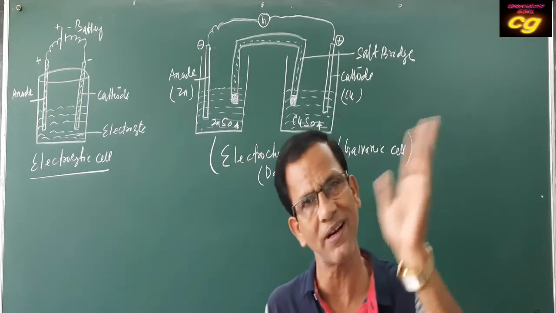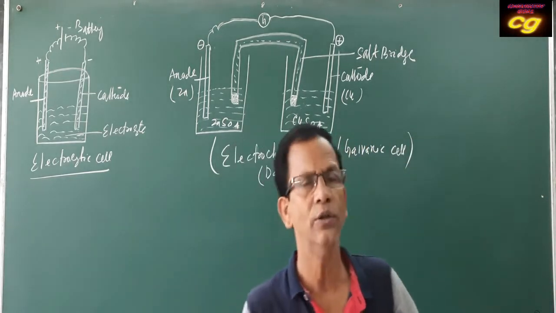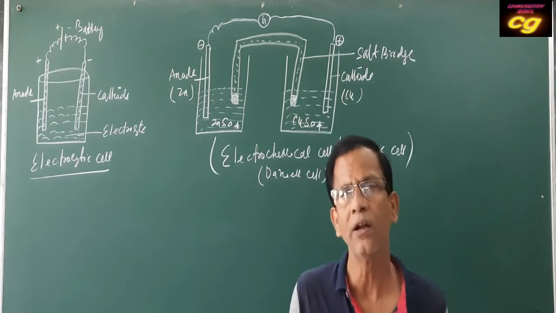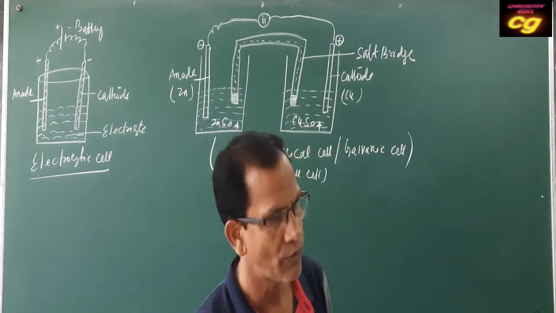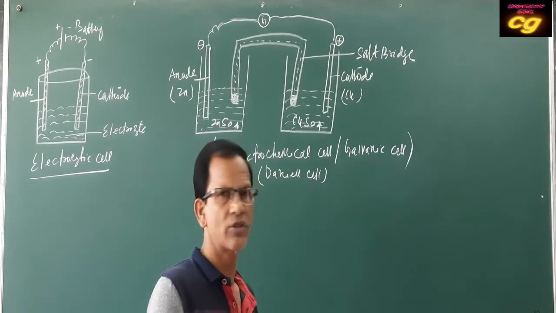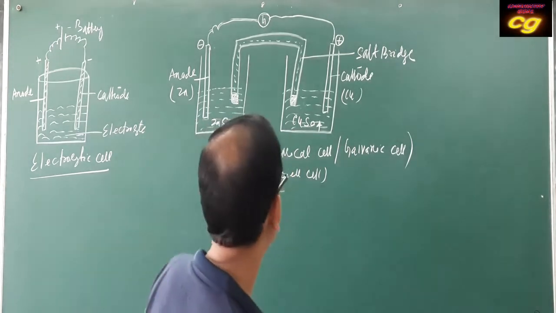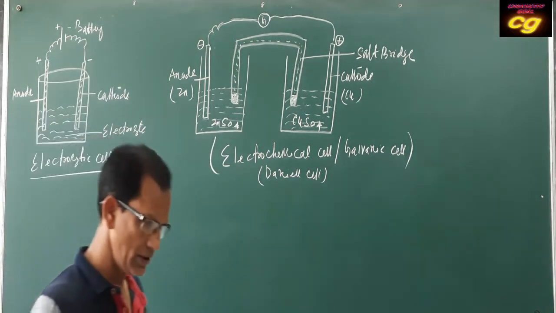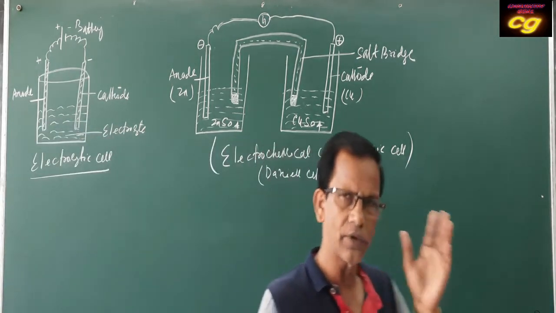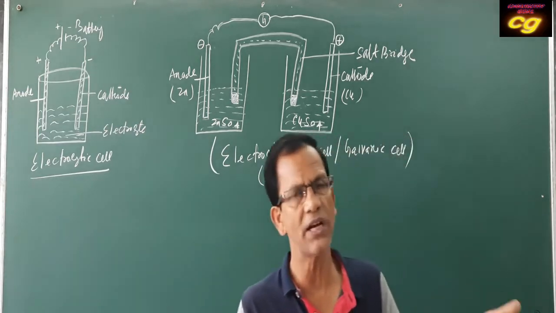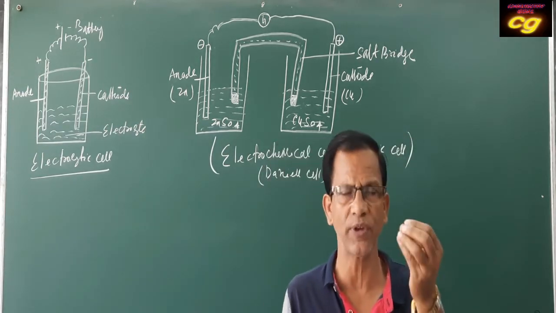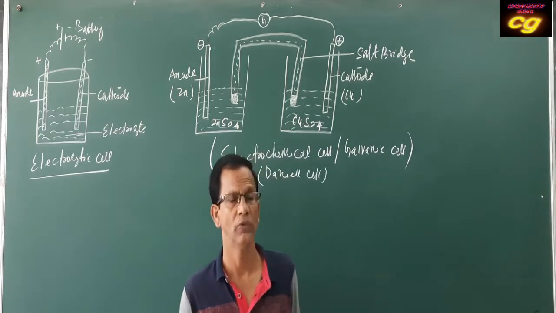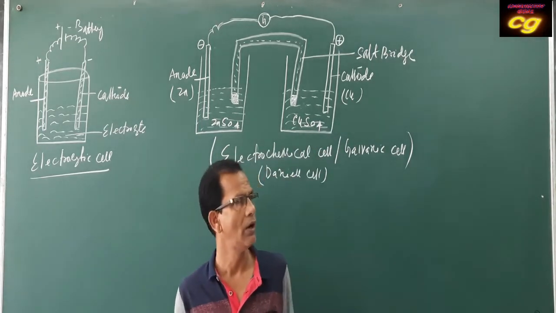When electrons transfer, we can say the flow of charge takes place, that is the flow of current, that is, production of current will occur. Generally, in the conversion of chemical energy and electrical energy, these two types of energy are very important in electrochemistry.